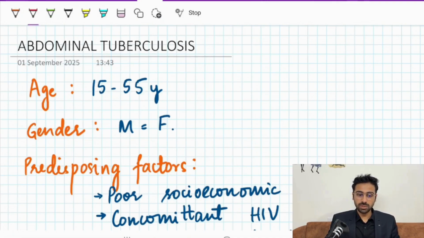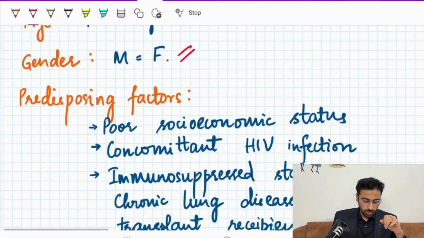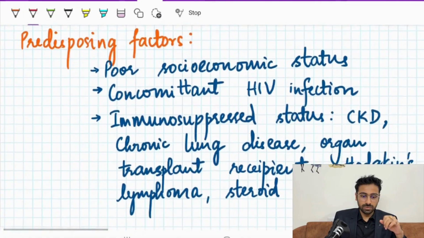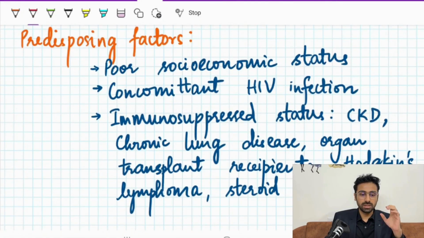Now, as most of you know, the disease doesn't spare any age or any gender. However, abdominal tuberculosis is known to be more prevalent in ages of 15 to 55 years. It does not have any male or female preponderance. Coming to the predisposing factors, most of you already know these, however, we shall just brush upon it. The most common is poor socioeconomic status.